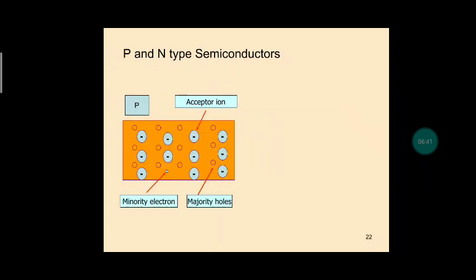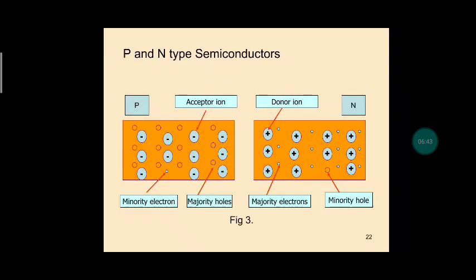Next, p-type and n-type semiconductor. In p-type, holes are the majority charge carriers and electrons are the minority charge carriers. While considering n-type, the majority charge carriers are electrons and the minority charge carriers are holes.